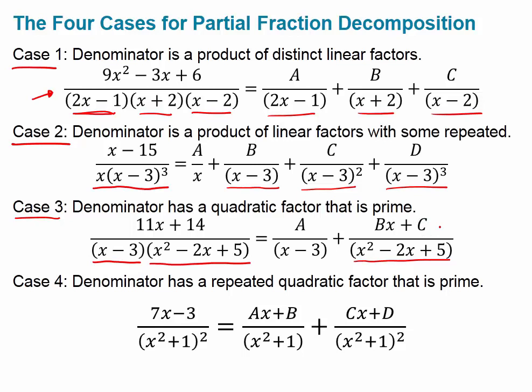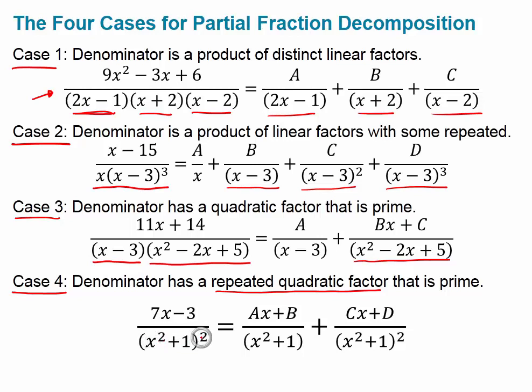Now just kind of putting these two ideas together here for case 4, now we have a repeated quadratic factor. Remember when we had a repeated linear factor, we had to represent each power of that linear factor. Well, we do the same thing down here with a quadratic factor. So if I have this quadratic factor, x squared plus 1, I know it's quadratic because I have a squared in it.